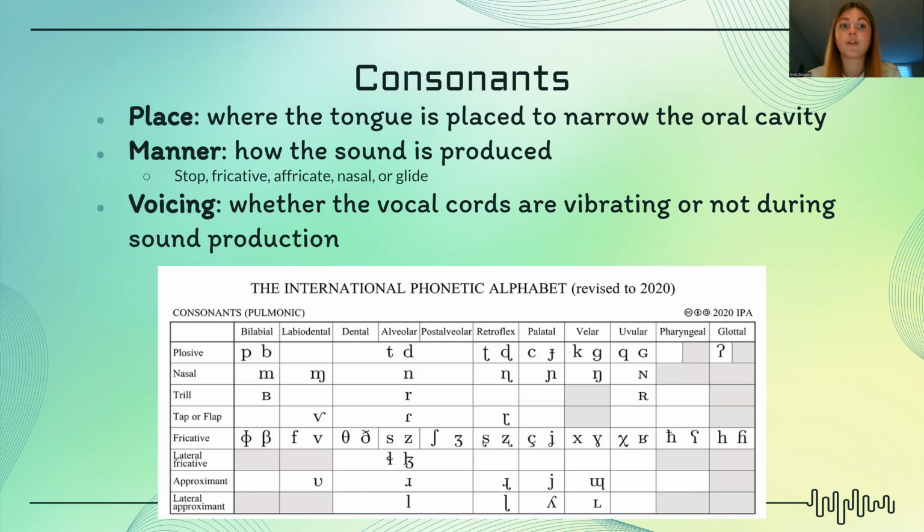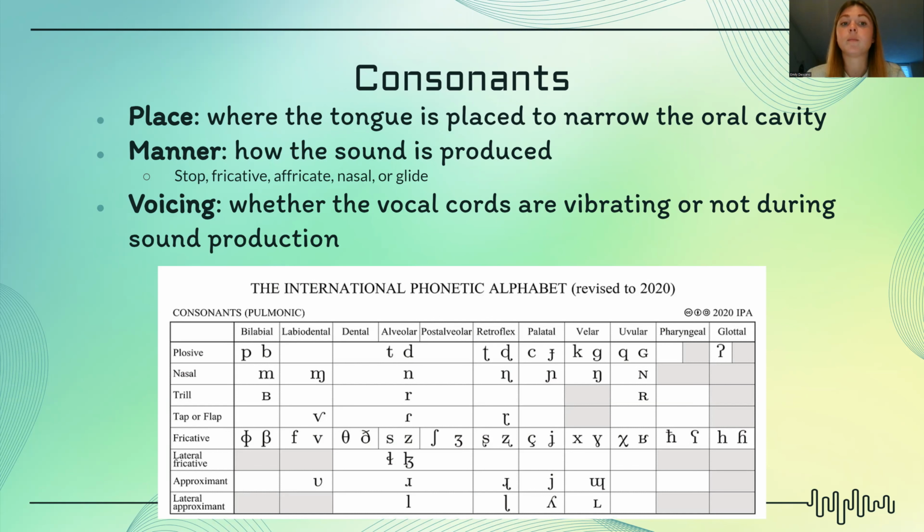So consonants. There are three main characteristics that we use when we are describing consonants. You could take any consonant and tell someone the place, the manner, and the voicing of that consonant. You can see all of the consonants down here, plotted out with their phonetic symbols from the phonetic alphabet. Place is where in your mouth you place your tongue to constrict the oral cavity.